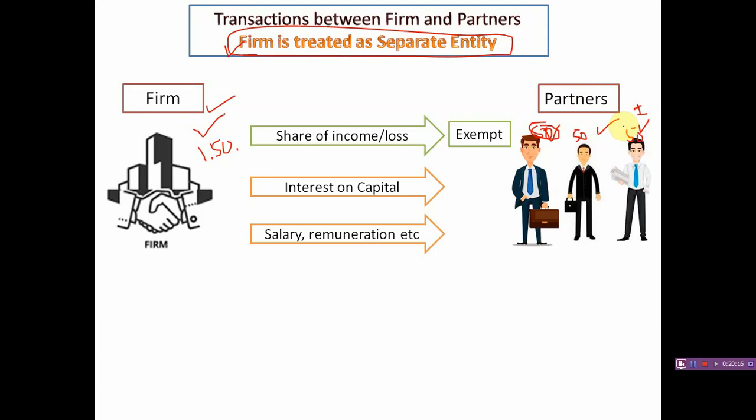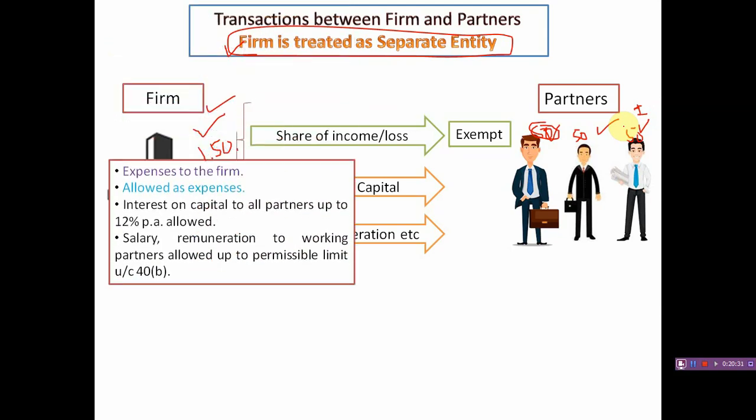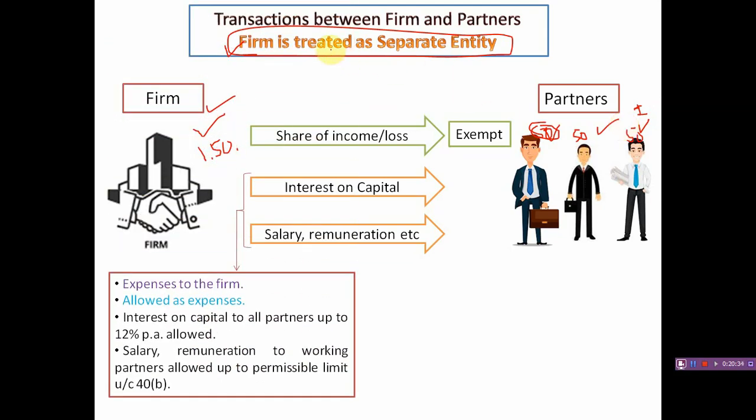Second, how do you treat interest on capital and salary remuneration to the partners in the hands of firm and in the hands of partners? First, see how do you treat these two items in the books of firm.